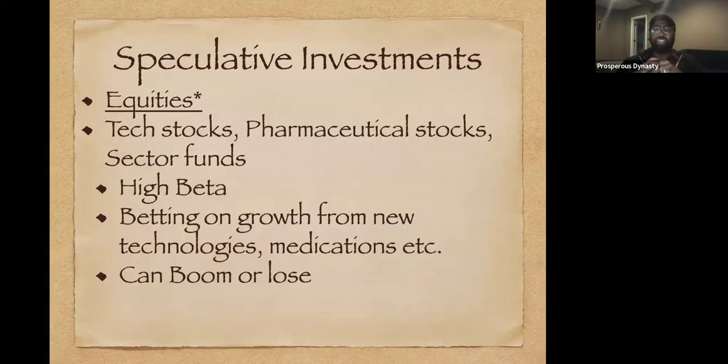When the market moves, these stocks are going to move more than the market, right? In these stocks, we're betting on growth from either new technologies or medications. But these stocks can boom or lose, right? They're new on the scene, so we want to try to bet on them. Say, let's see how far this stock can run up, right? These stocks that just IPO'd, let's see if they run up quickly. So it's just taking a guess or a bet on a new stock, or a stock that has possibly some new technology, right? So these are speculative investments. So these are for more aggressive investors.